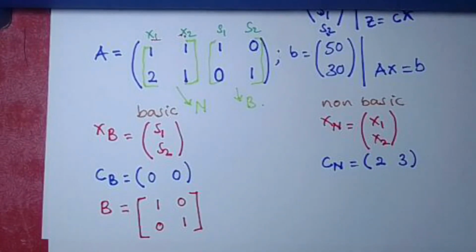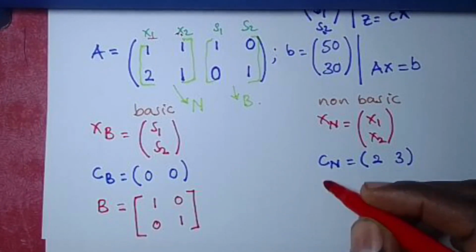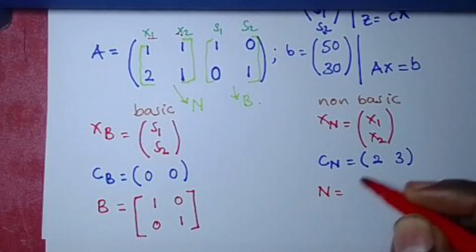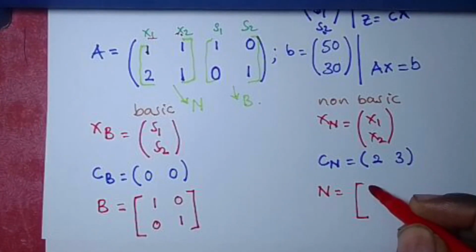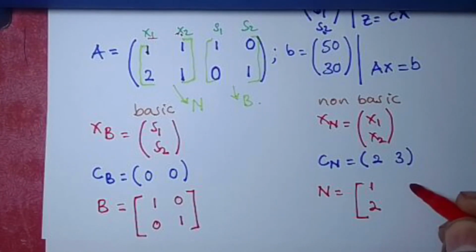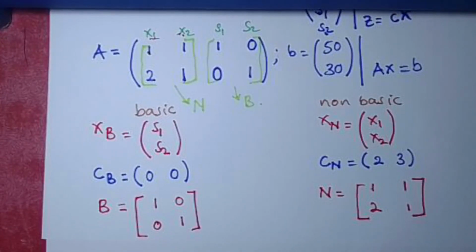So we have come up with our set for the basic. Then we look for the set for the non-basic. The non-basic is going to be this set. So you write there, your x1 is 1, 2, and your x2 is 1, 1. Like that, we have come up with both our basic and non-basic sets.